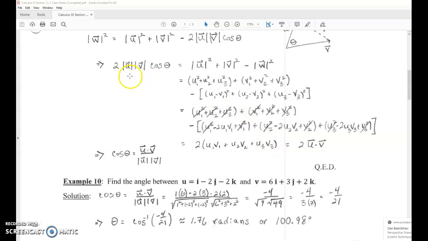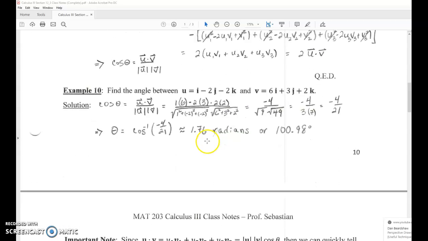So in other words, 2 times the length of u times the length of v times the cosine of theta equals this right here. But that is 2 times the dot product of u and v. So if I solve for cosine of theta, I get u dot v over the length of u times the length of v. QED, quod erat demonstrandum.